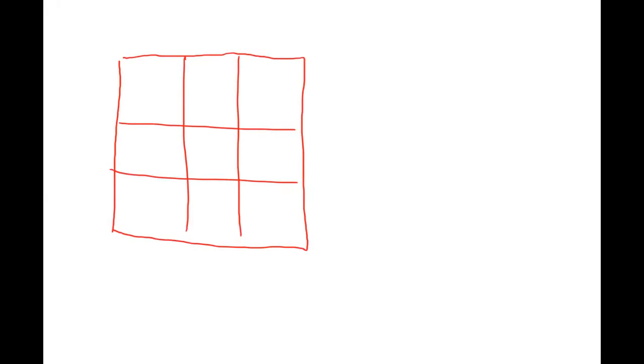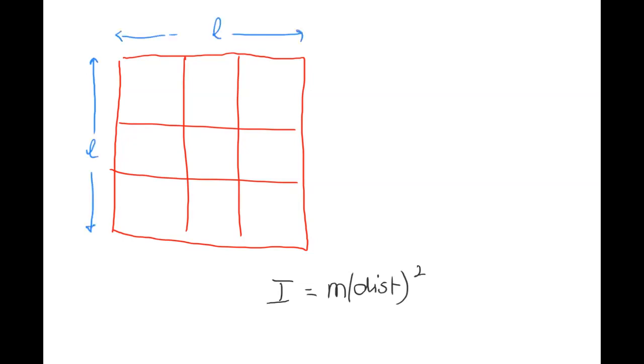So we know that moment of inertia is mass into distance square, right? And we also know that if this side is L, let's say, and this side is L.